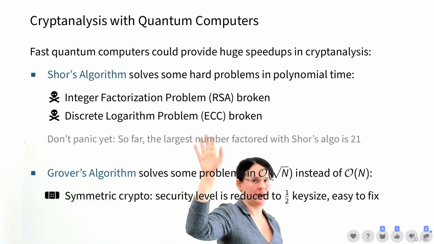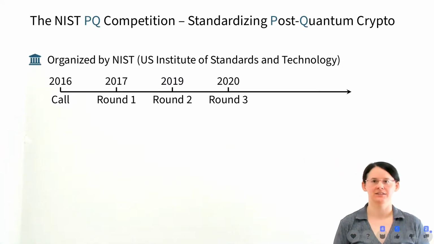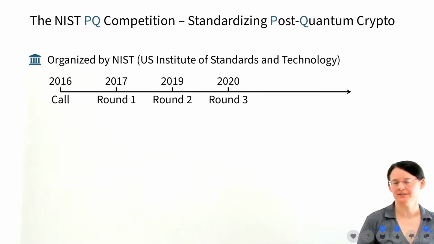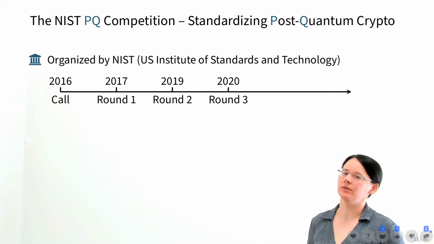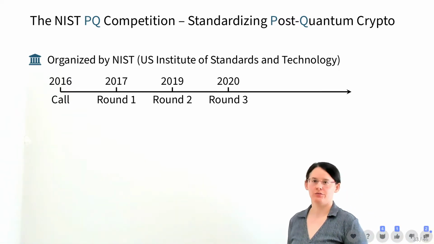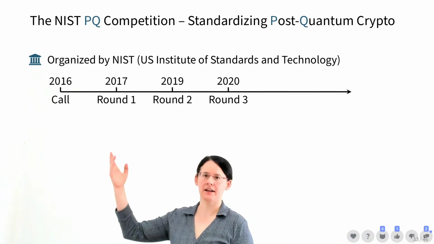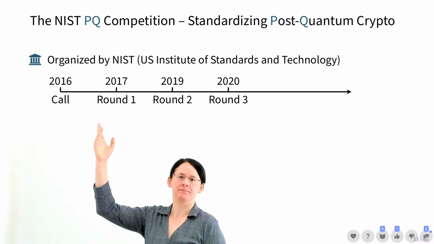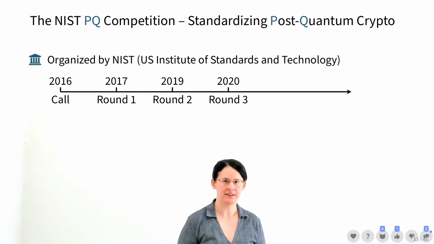To fix this situation, there's currently a competition ongoing by the National Institute of Standards and Technology, NIST, in the US, who are trying to find successor schemes to RSA signatures and Diffie-Hellman and so on. This has been going on for several years now. So NIST asked for submissions in 2016, and the actual candidates were announced in 2017.